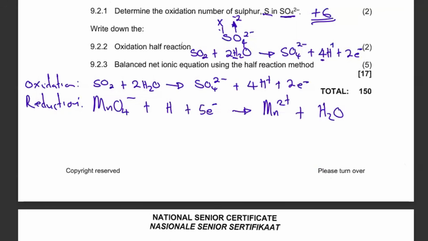We're going to have 4 H2O. If we have 4 H2O according to the table, it means here we are supposed to have 8 hydrogens, then 5 electrons. After that, we're supposed to work it out as the net ionic equation.